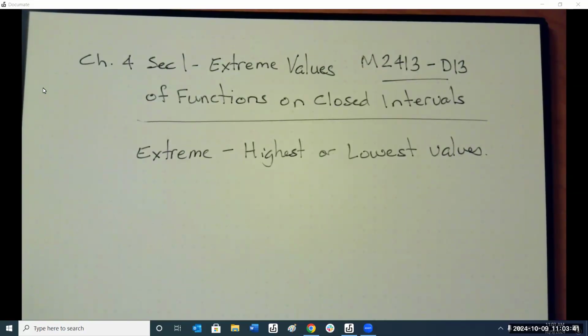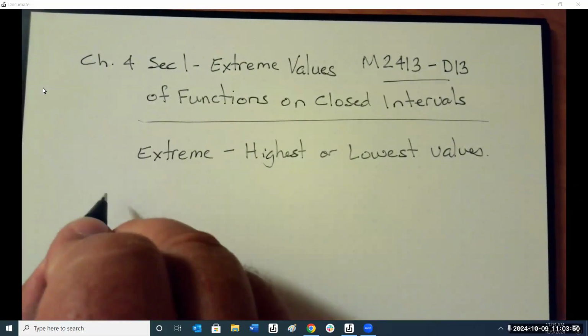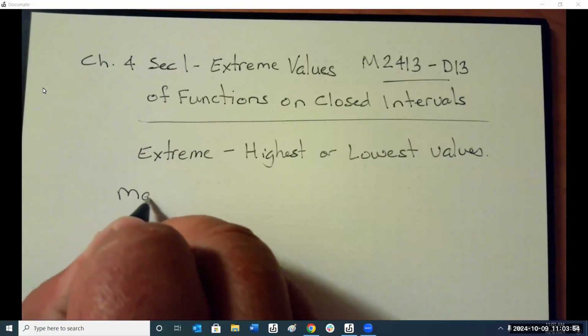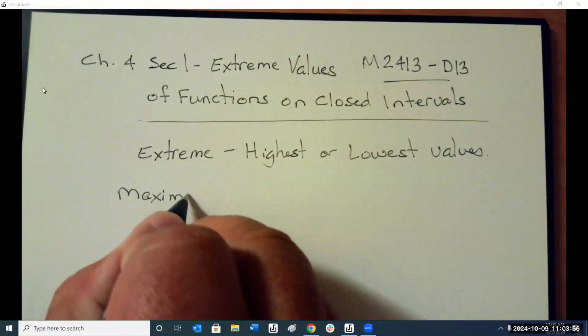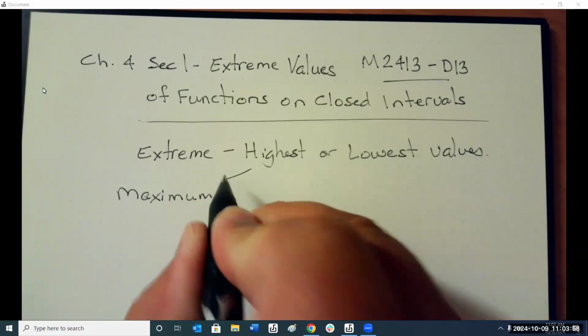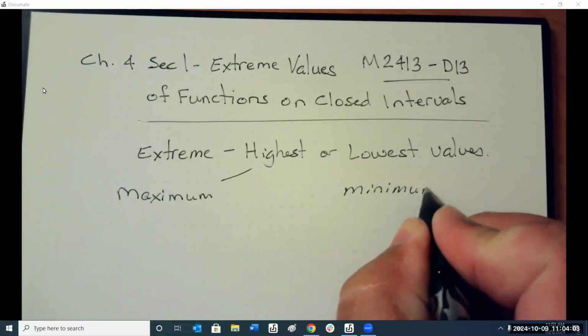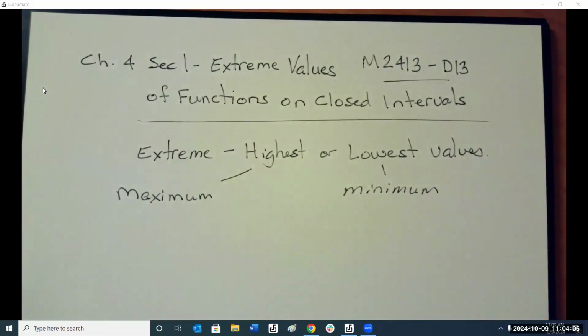Now when we talk about extremes, we have different types of extremes. We have something called the maximum, that's the highest, and the minimum, that's the lowest.